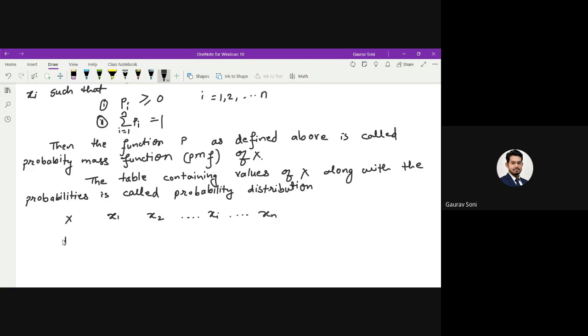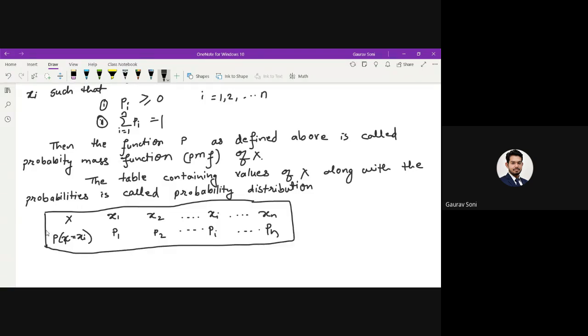You have x1 up to xn, and the probability of x equal to xi as p1, p2 up to pn. How can you verify whether this is a probability distribution or not?